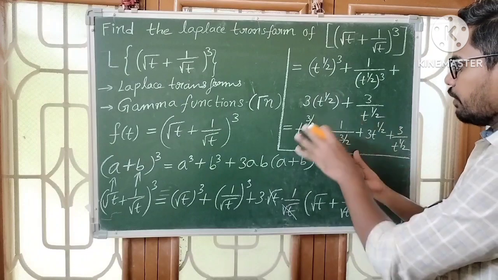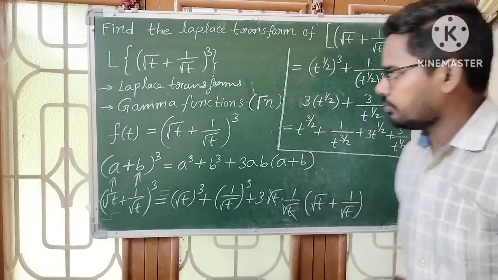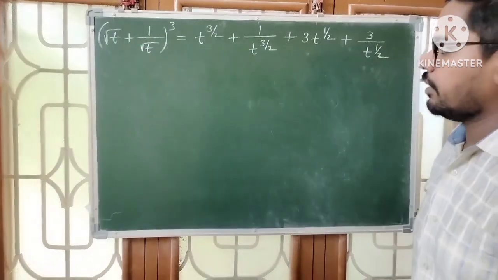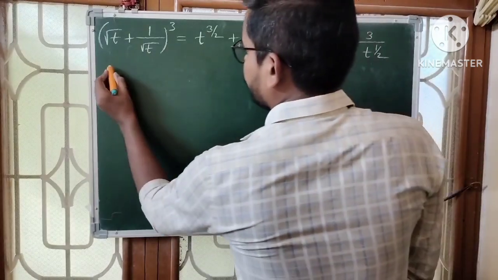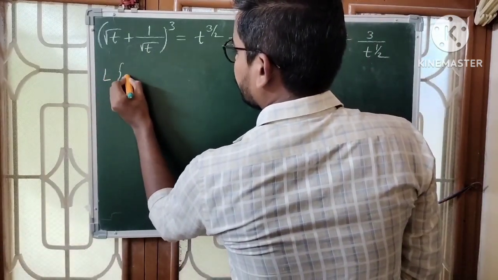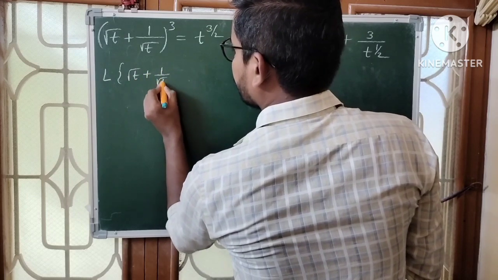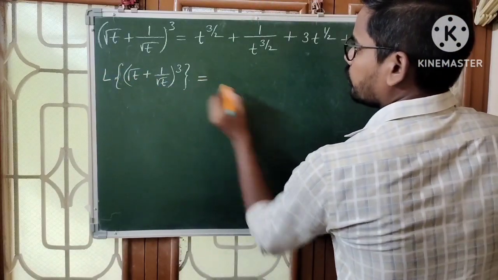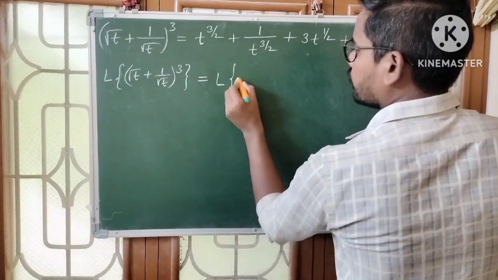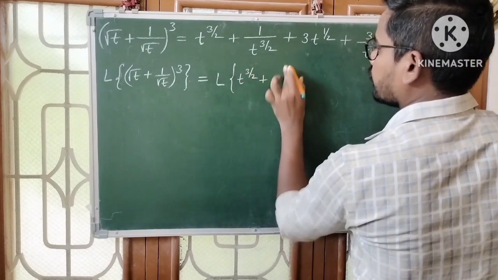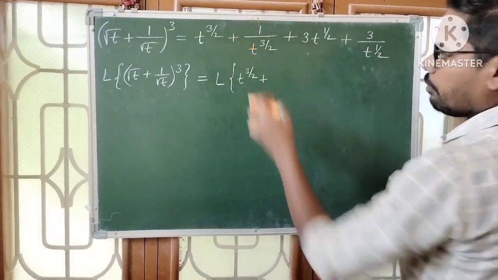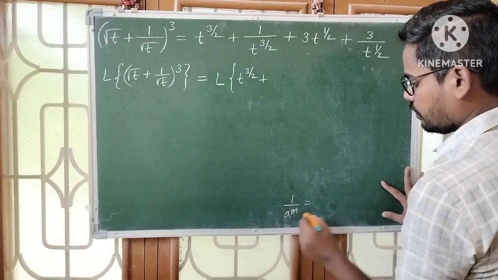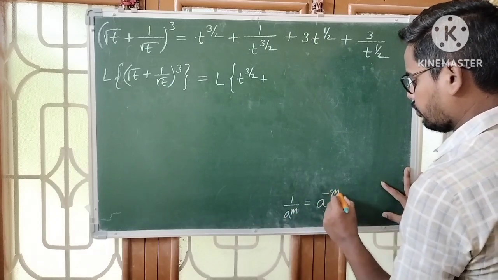Now let us find the Laplace transform of this function. This is the expanded form of (root t plus 1 by root t) whole cube. Now apply the Laplace transform on both sides. So the Laplace transform of (root t plus 1 by root t) whole cube is equal to the Laplace transform of t power 3 by 2 plus, and we know that 1 by a power m is equal to a power minus m.